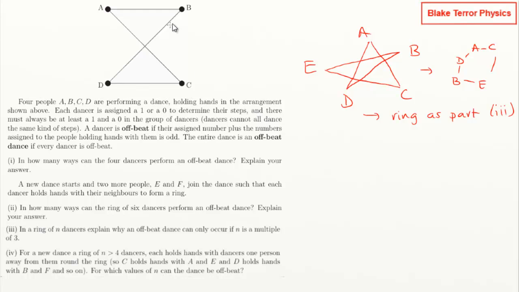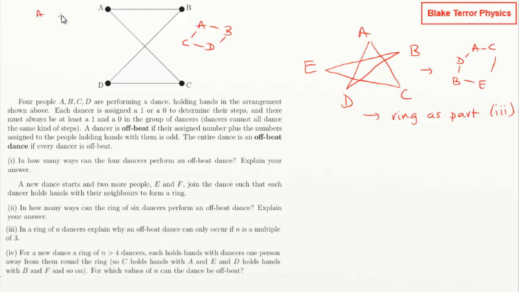So, I mean, we could have done the same with this one. We could have written this out as A, B, D, C, and then said, well, A is between those two, C, D is between those two, and we just got that big ring. So that's a ring as per that. And we'd be able to do that every time with these. If n is odd, is it always going to come back to the start?